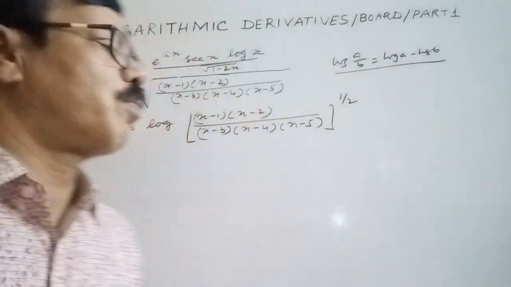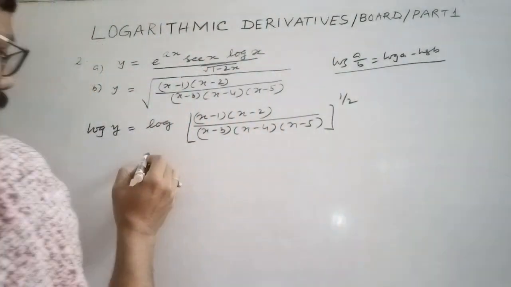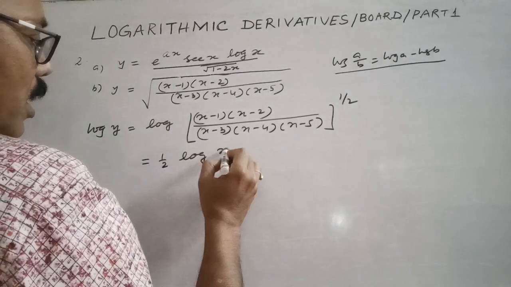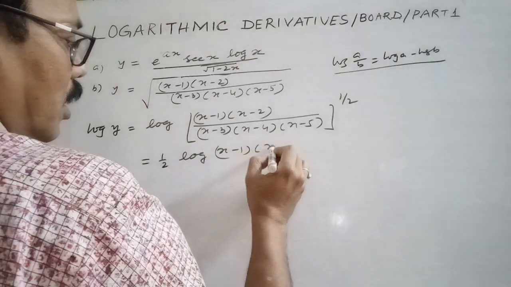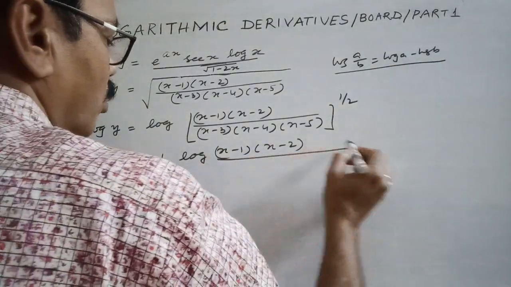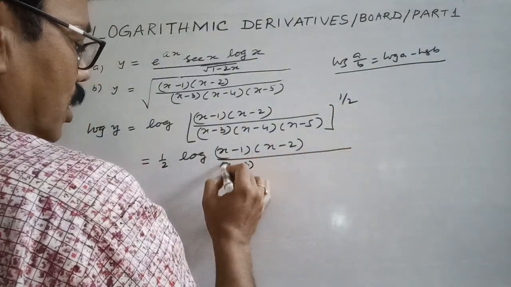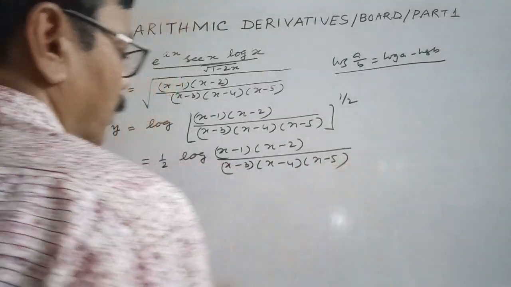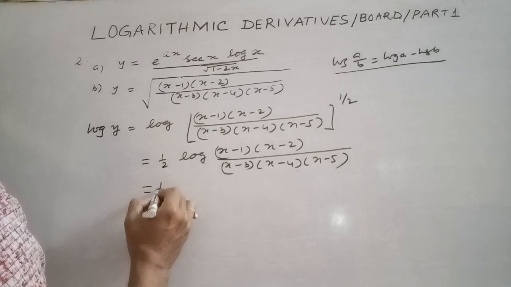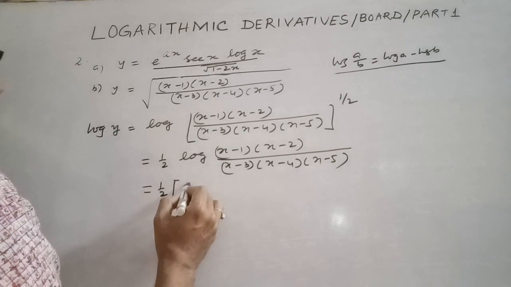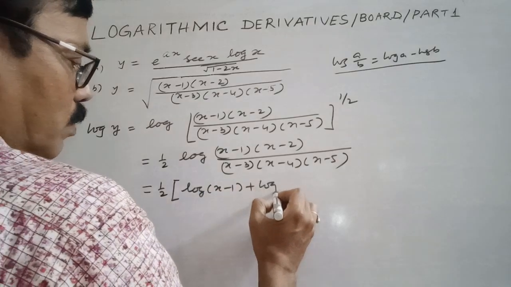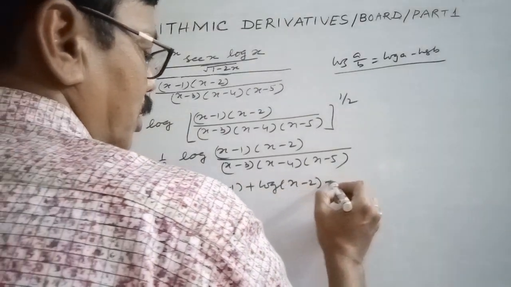So use the property of log. So half comes forward. So this is log of (x minus 1)(x minus 2), and this one is (x minus 3)(x minus 4)(x minus 5). Then use the property of log. Log of numerator, so this is positive: log (x minus 1), log (x minus 2) are positive.